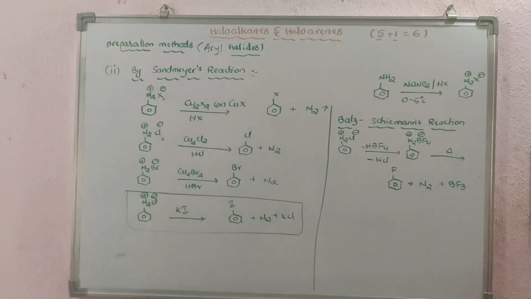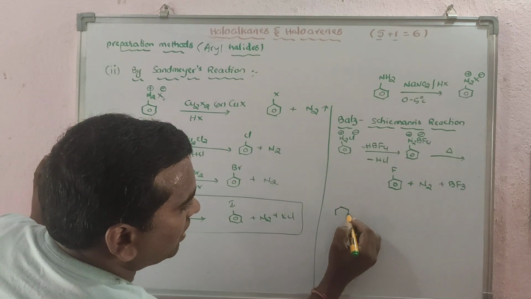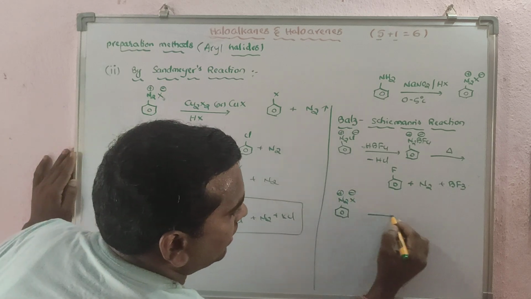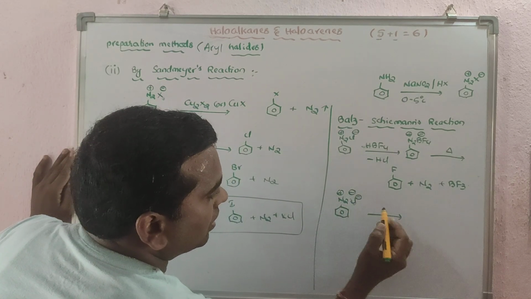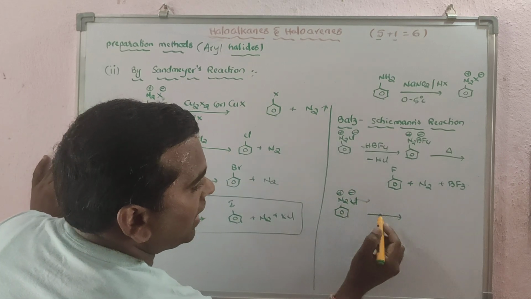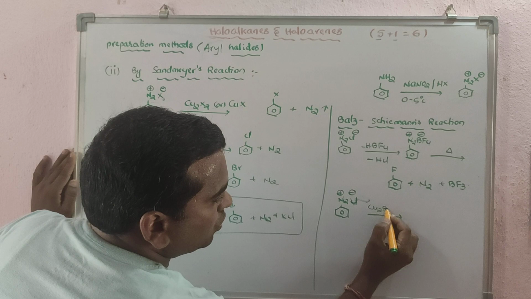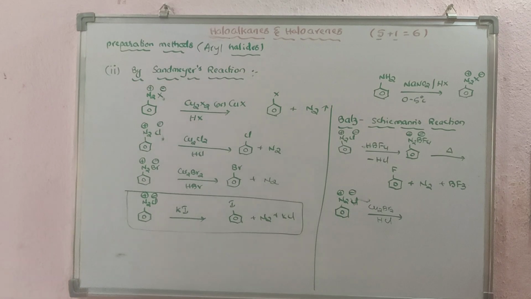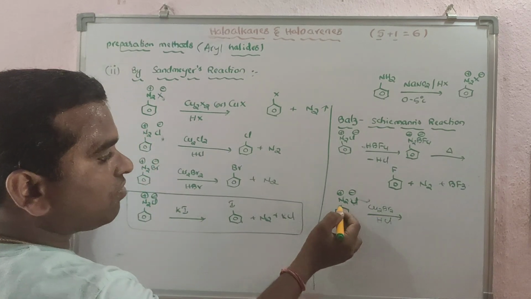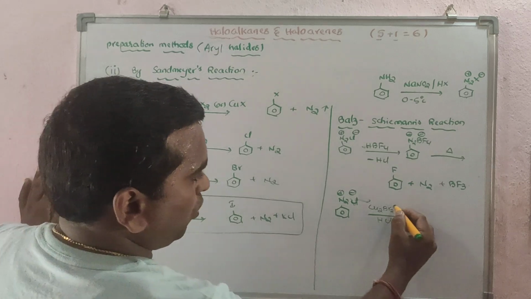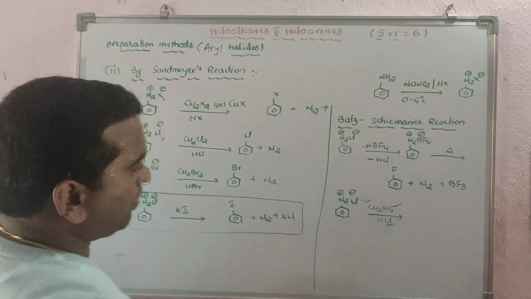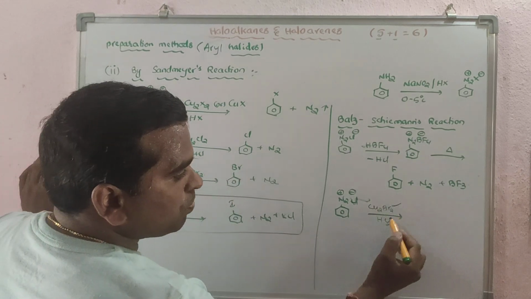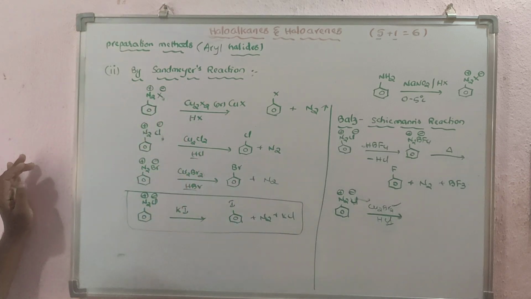And very important here, sometimes they will give the compound benzene diazonium chloride, and now Cu2Br2, and they will give HCl. Now you may get confused about which one will be added, bromine or chlorine, because CuCl2 means HCl, Cu2Br2 means HBr. If I take Cu2Br2, it is dissolved in HCl.